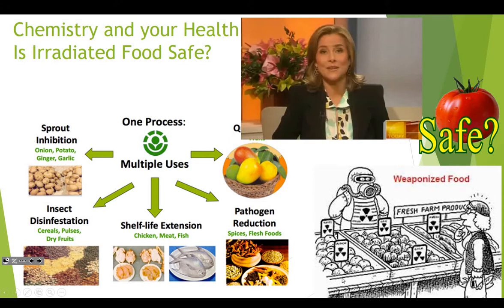We don't want them growing when we're trying to sell them because that makes it go bad. Insect infestation, so if I have weevils, it'll kill the weevils in the wheat and we can still use the wheat. Cereals, dry foods, stuff like that, so we want our Lucky Charms to last a little bit longer. Shelf life of meat and poultry and fish, and pathogen reductions in spices and things like that, and fresh fruit.